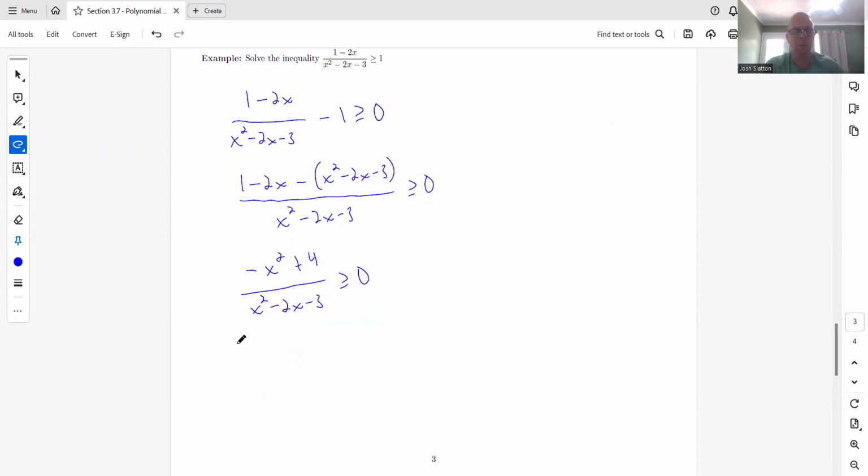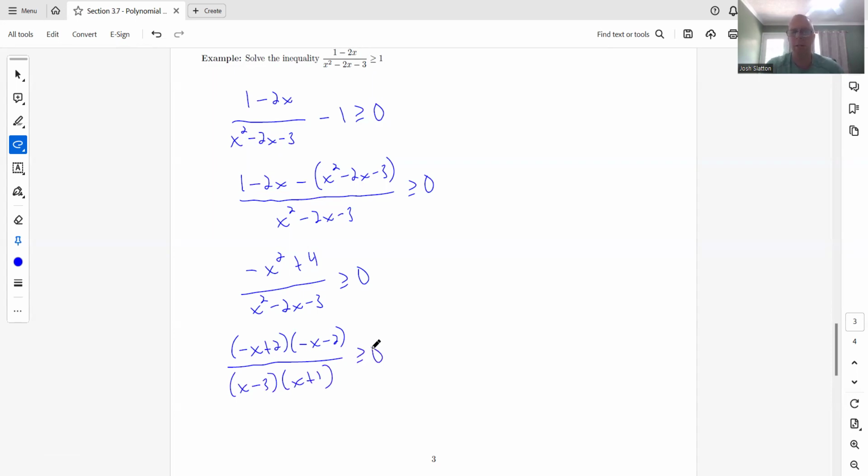Let's factor this top: negative x minus 2 times x plus 2, and factor the bottom. We have x minus 3, x plus 1. And so none of that cancels.